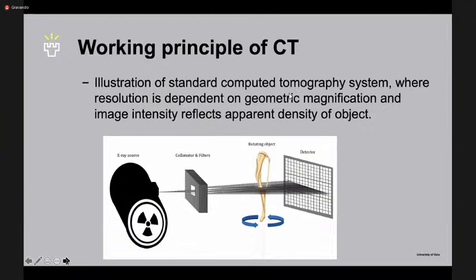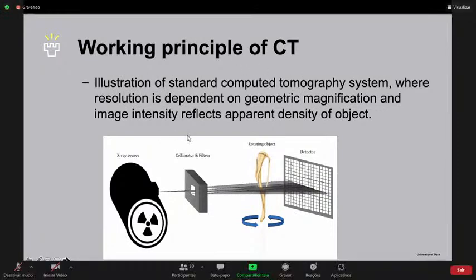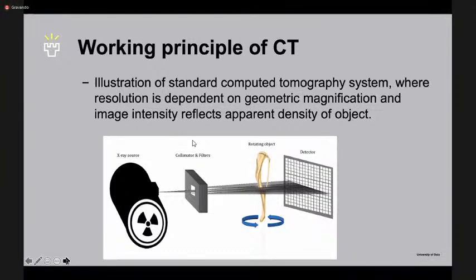This spread allows for magnification, so it's a geometric magnification. And that means that the resolution of the scan is related to how close you can bring your sample to the source, because you can imagine that the closer to the source the sample is, the larger the pixels coming from the sample. And typically here the pixel intensities refer to the apparent density of the material that is being reconstructed.